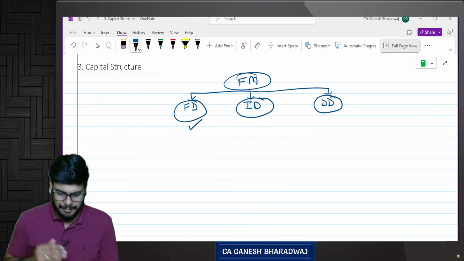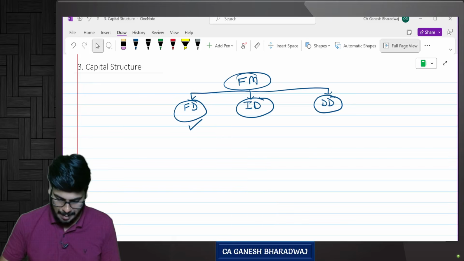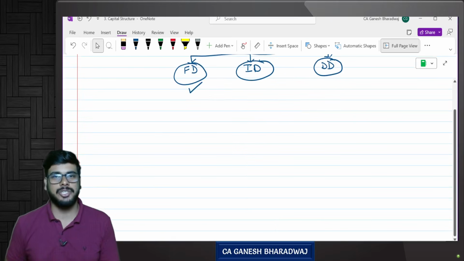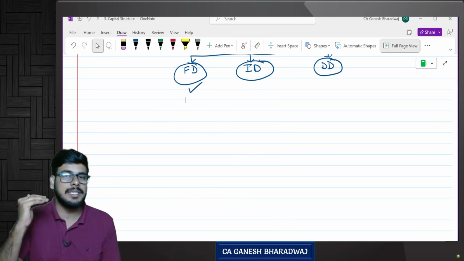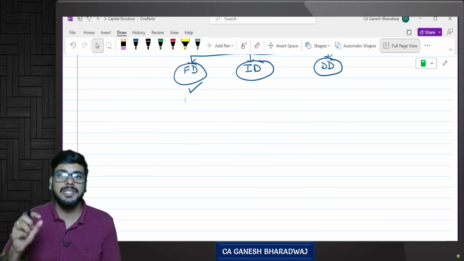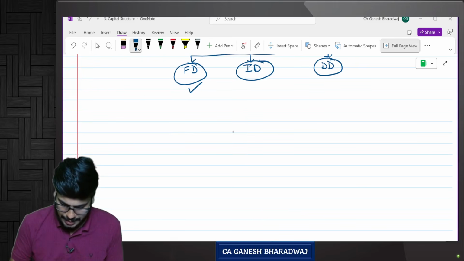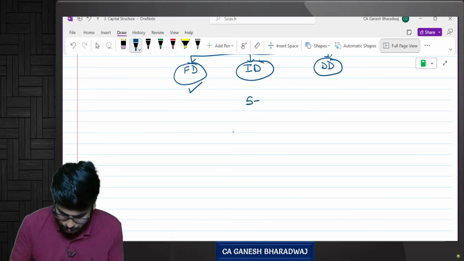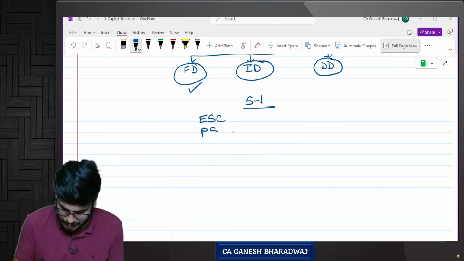Now, sir, before that, first, what do you mean by a capital structure? Capital structure is nothing but the components of different sources of finance. For example, let us say in situation one, equity share capital, preference share capital, and debentures.